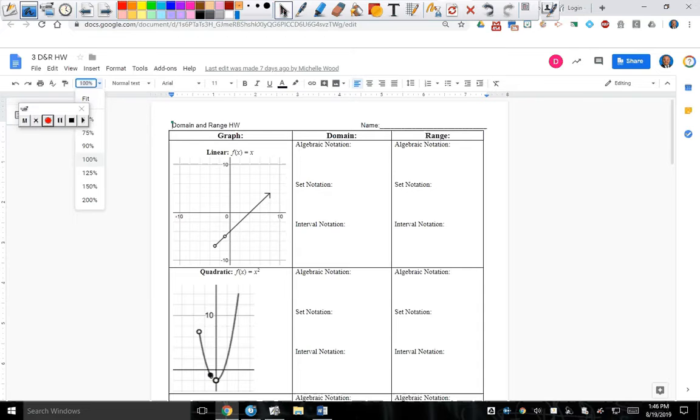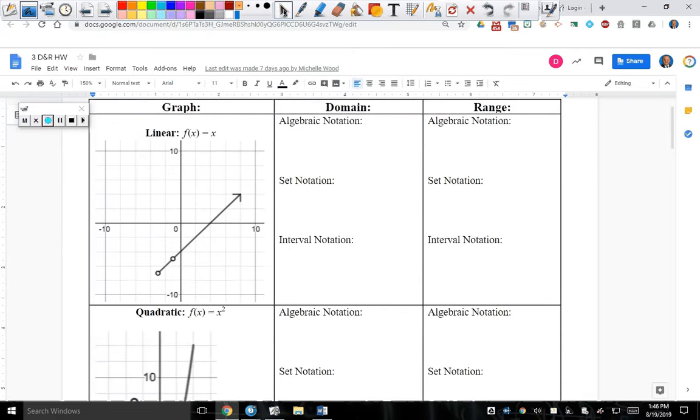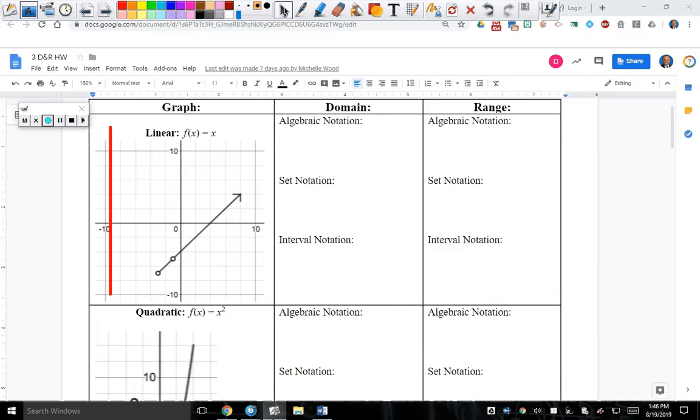Let's go ahead and begin with this graph right here. Everyone, if I scan for the domain, what kind of line am I scanning with? A vertical line. So let's think about a vertical line. You can use your pencil if you want, and you're going to scan left to right. Okay?